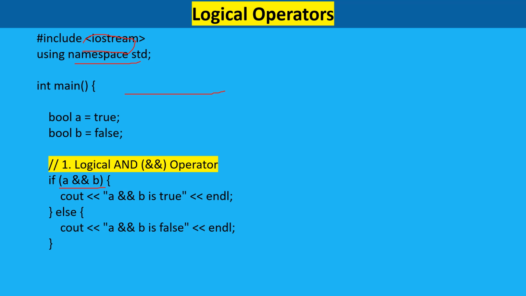Since a is true but b is false, the condition evaluates to false. So cout a and b is false will print since the condition is false. The code inside the else block is executed and the message a and b is false is printed.